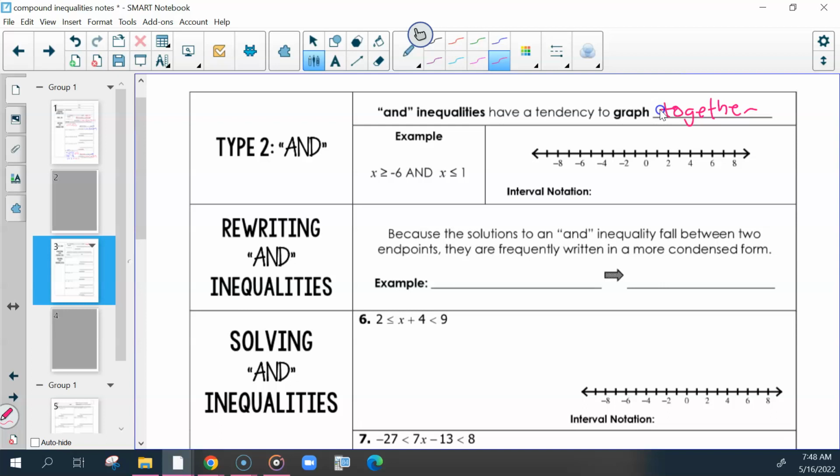X is greater than or equal to -6 would be a closed circle going to the right. X is less than or equal to 1 would be a closed circle going to the left. And we're looking for where those two lines overlap. So that would be from -6 to +1 with just a line connecting them.